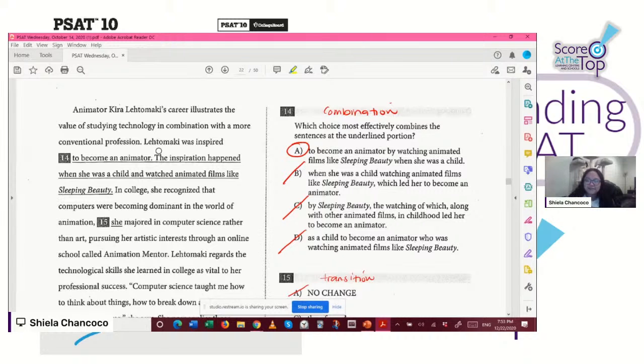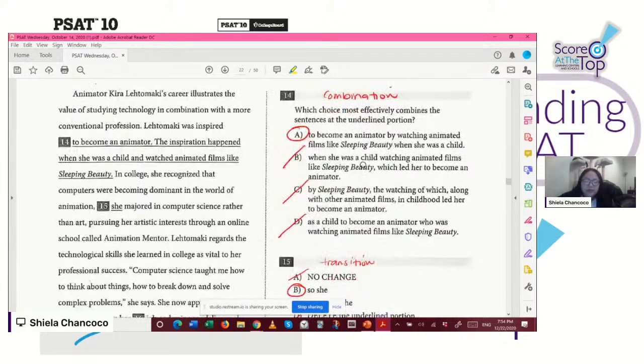The simplest one is A. The shortest one looks like it's A. So I like to go for the shorter one first and see if they're right, and then eliminate the rest when I read the rest and eliminate, right? So A is the best one because it attunes to the same thing, right? Like become inspired an animator doing what by watching films, right? When she was a child.